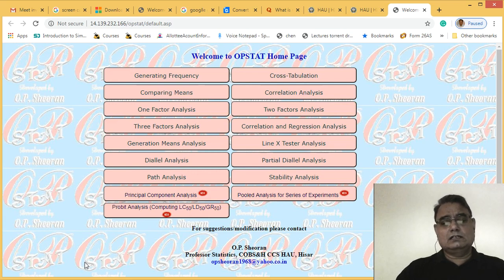Last year we have included 3 more modules. First module is for data reduction, that is principal component analysis, and then pooled analysis for a series of experiments. Actually, when all India coordinated trials are conducted on various locations and data is coming from various locations, then in order to pool the data, pooling analysis is required, then there is a demand of researcher.